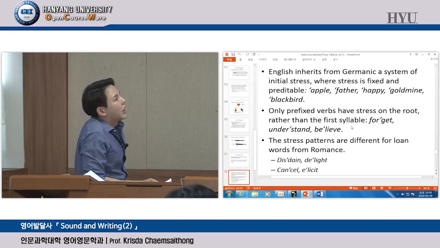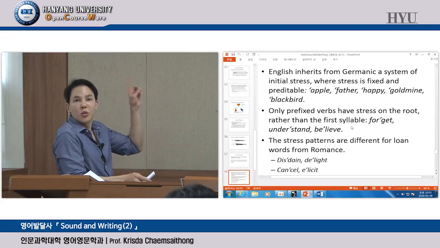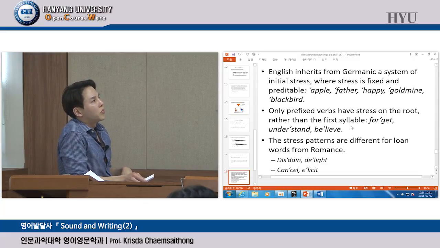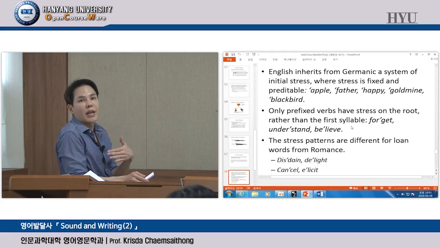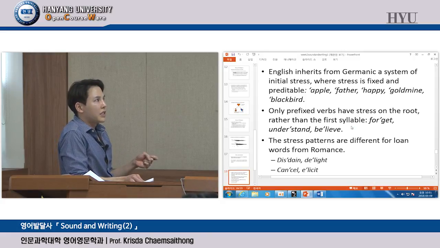And as to the stress patterns of English, we have just one pattern, which is easy to predict. In real English words, which we call Germanic words. English is a Germanic language, right? So in real English words, we have just one primary stress, which is fixed and predictable because it's initial stress.